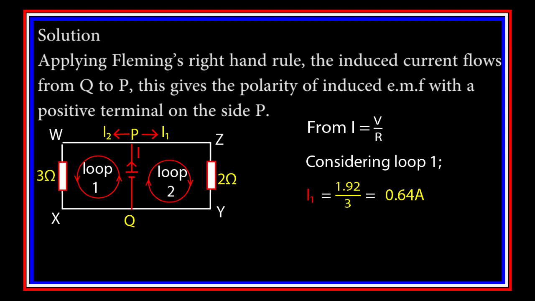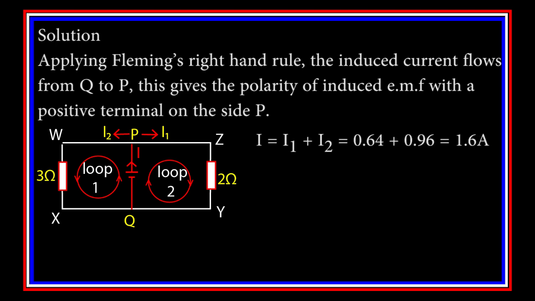This is equal to 0.64 amperes. Considering loop 2, I2 is equal to 1.92 over 2, which is equal to 0.96 amps.